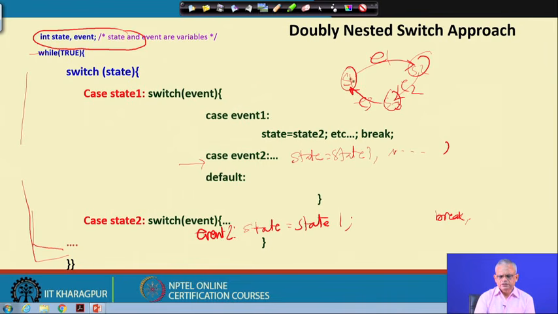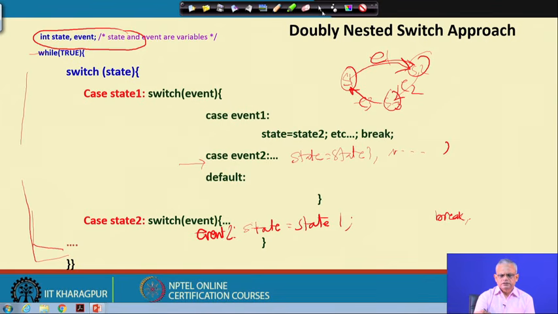If the event E1 occurs, then transit to S2, and this is a simple state machine, and that is it. And if it is in S2, it only switches based on E2, and there the state is set to S3, and in S3 it transits to S1. So, this is very simple code.